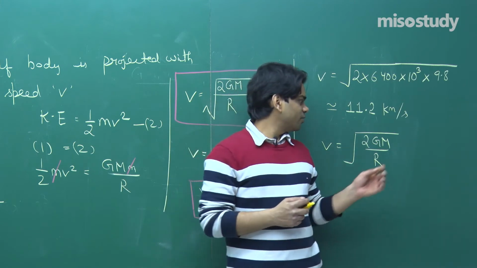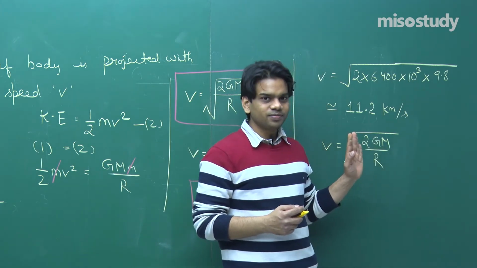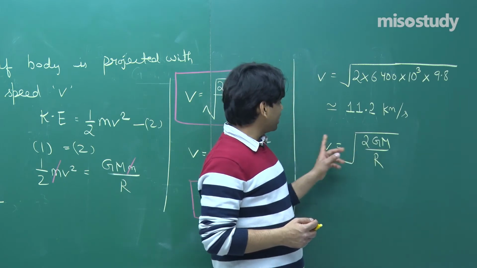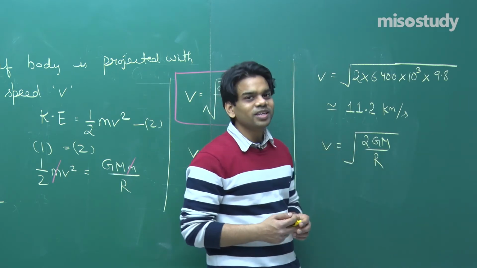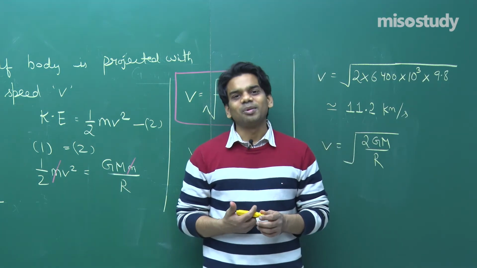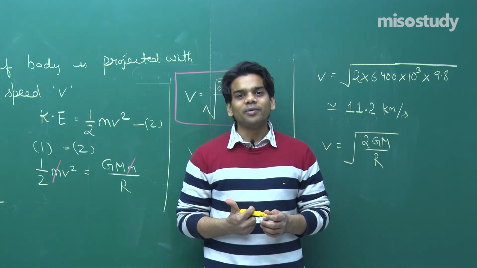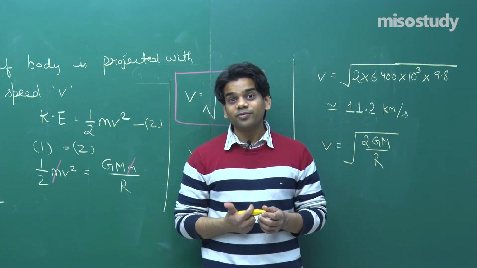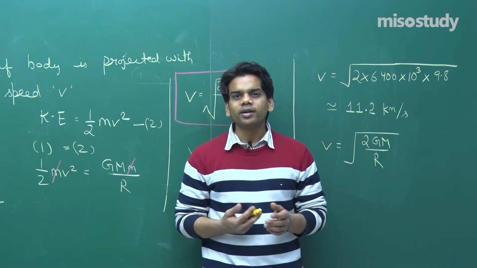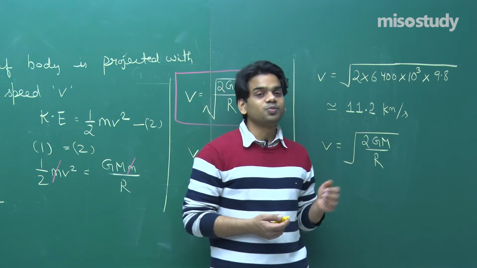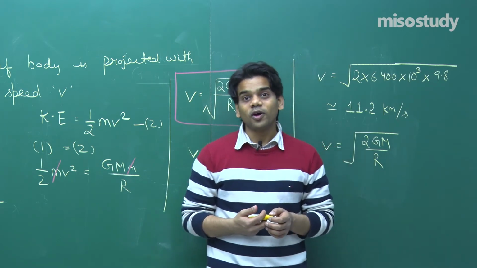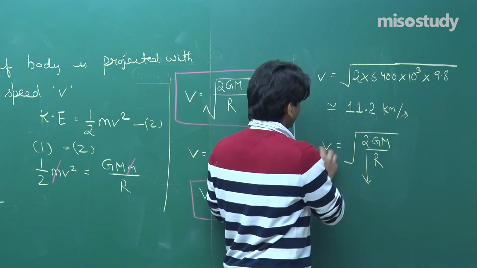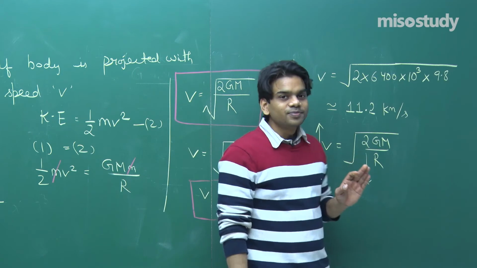In the same way, if we keep mass constant and decrease the radius, the velocity will increase. Actually, what is happening? The acceleration due to gravity is going on increasing, and to leave such a gravitational field, you require more energy. So you have to project the body with more speed. You have to provide it more velocity. That means on decreasing the value of radius, the escape velocity increases.